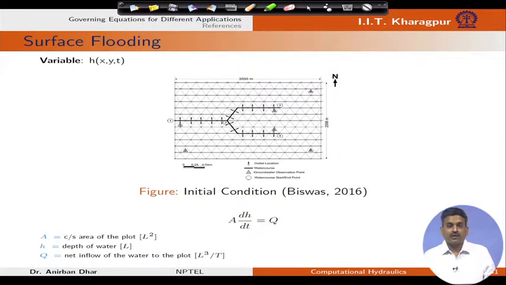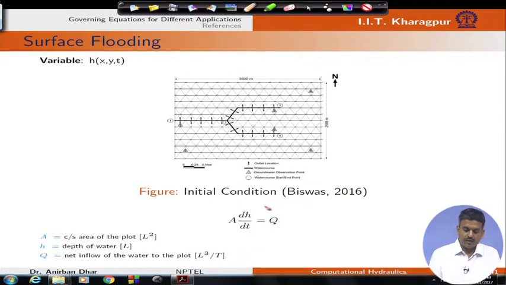If you consider surface flooding, the equation is simple. We need to solve A del H by del T equals Q. Del H by del T considers the change in depth with respect to time, times area, that is the net inflow of water to the plot. So, we should consider all kinds of inflow conditions.